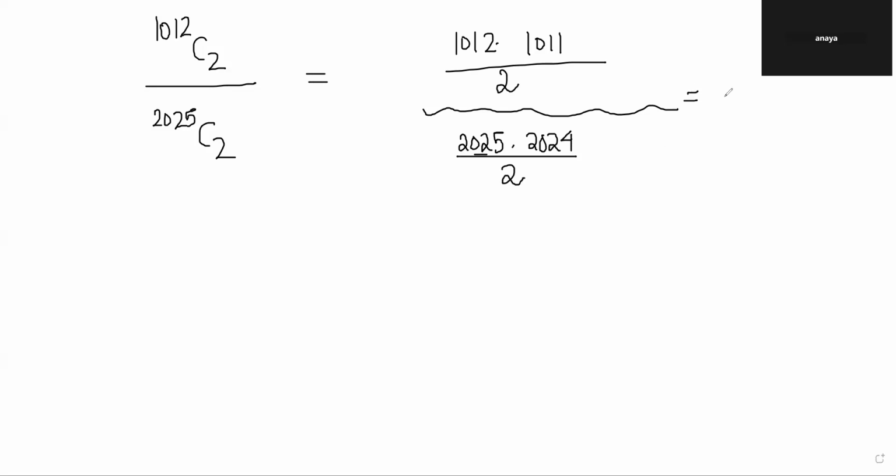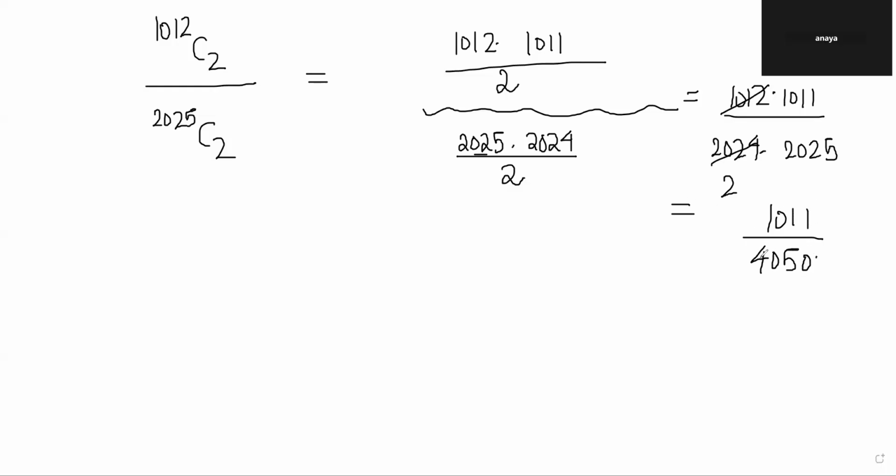The 2s cancel, and 2024 is 2 times 1012, so we get 1011 by 4050. Notice that it is close to 1 by 4. If it was 4044, it would be exactly 1 by 4. Correct. The other options are quite far away from 1 by 4; if you see them, they are quite different.